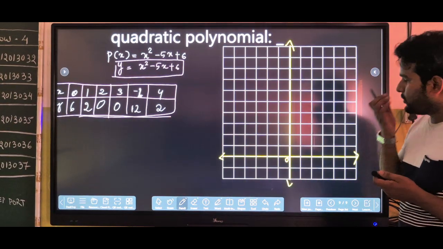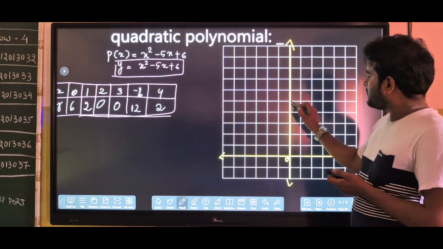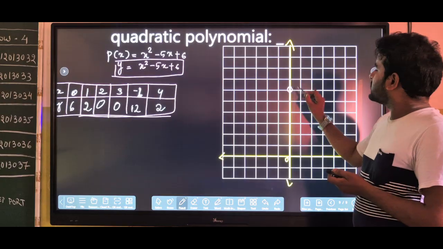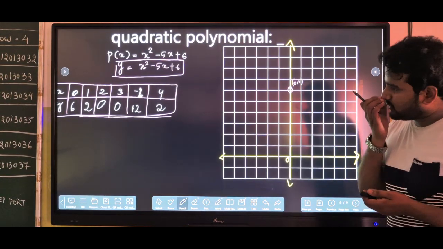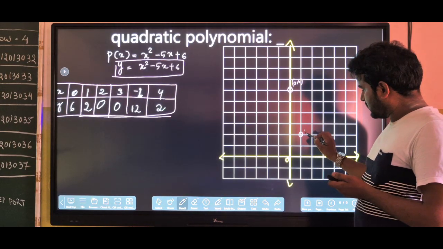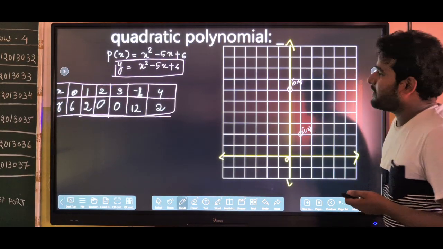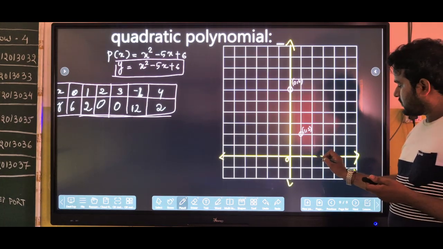So the first point is (0, 6). So 0, 1, 2, 3, 4, 5, 6. So this is your (0, 6). Then comes (1, 2). This is your (1, 2). Then (2, 0). This is your (2, 0).